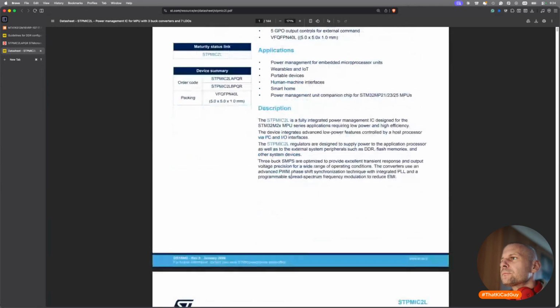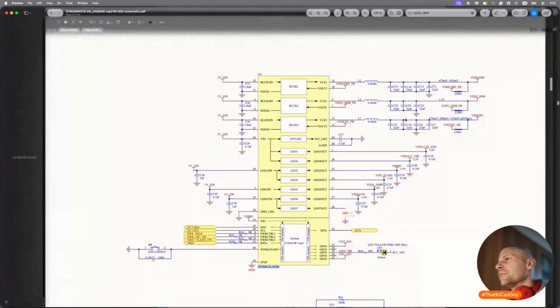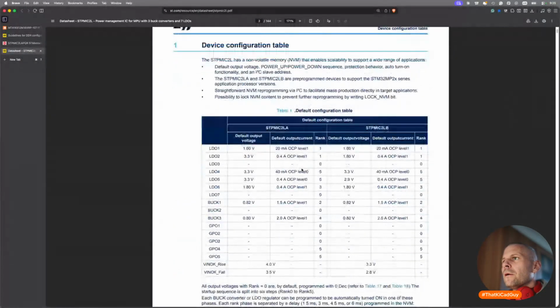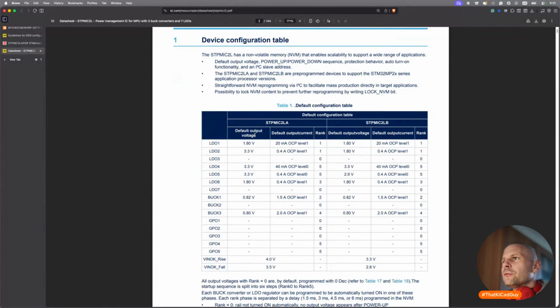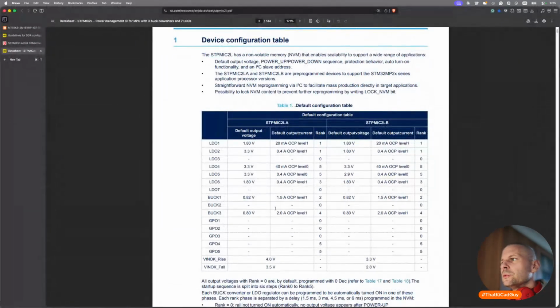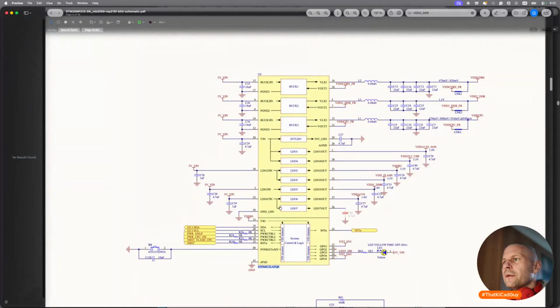Okay. Now we are interested in VLX2. Default output voltage of the buck2 is nothing. So it means that the PMIC is configured then. That's good.